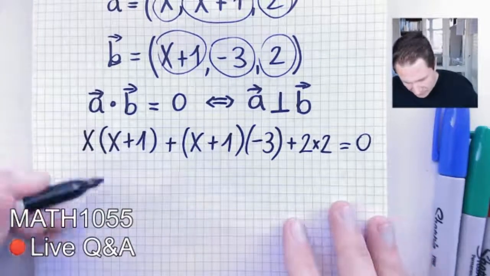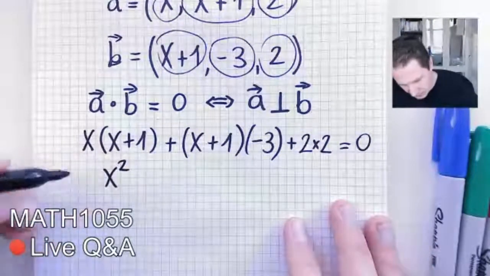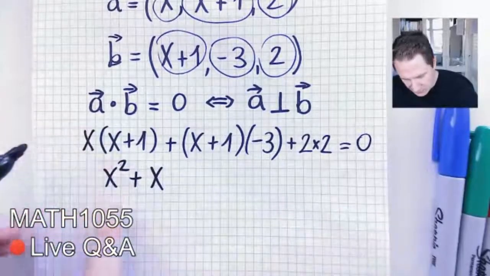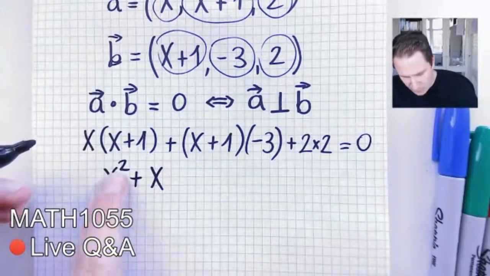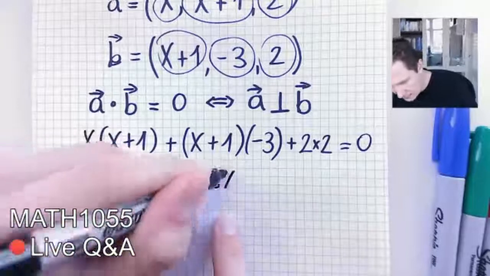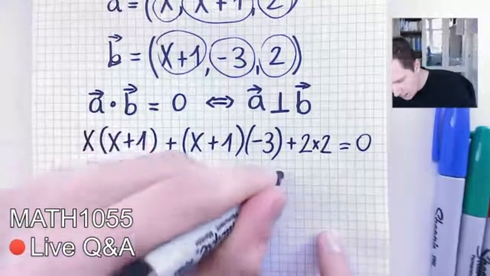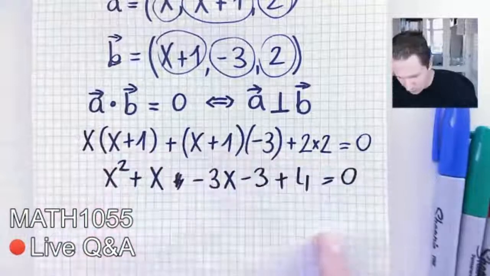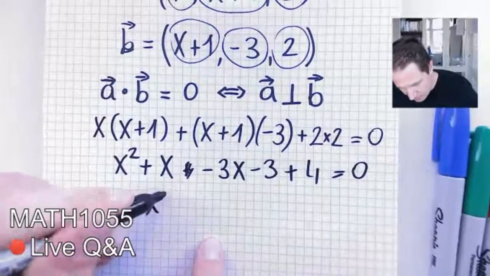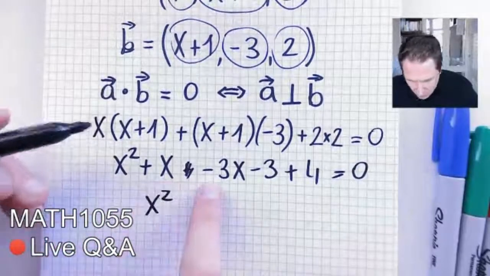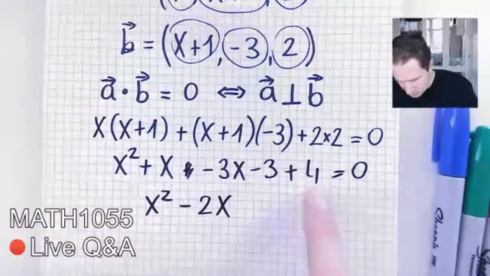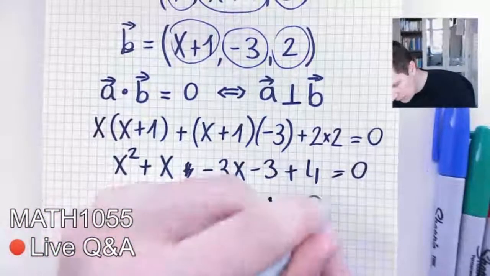So if we just simply expand everything, we get x squared plus x from the first product. Then we get minus 3x minus 3 plus 4 equals 0, right? 2 times 2 is 4. So what we get here is x squared plus x minus 3x, so that's minus 2x, plus 1 as the constant term.